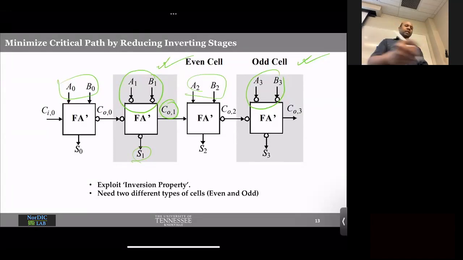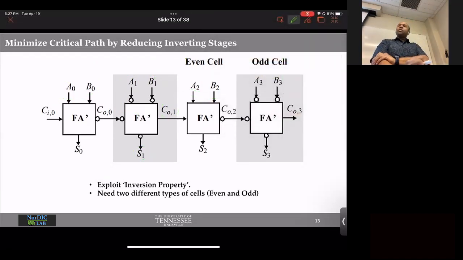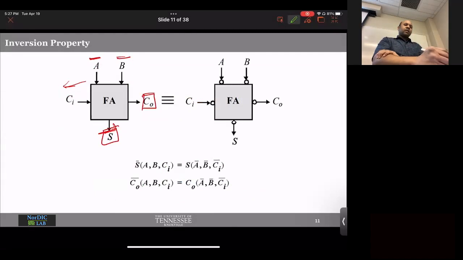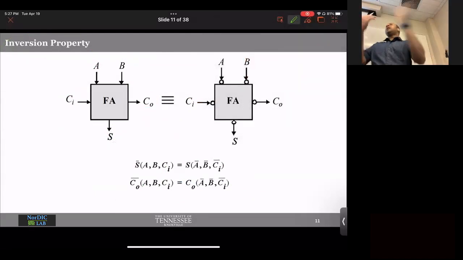You are incorporating cells that take in the real inputs and cells that take in inverted inputs. Does that make sense at all? And which principle have you used to achieve that? Inversion property. When you invert the inputs, all the outputs will be inverted. That's the inversion property, right?